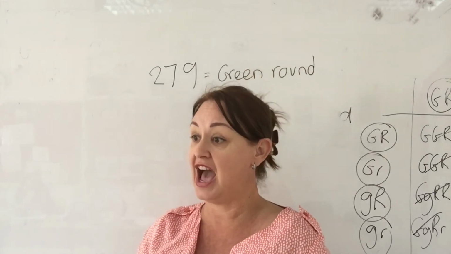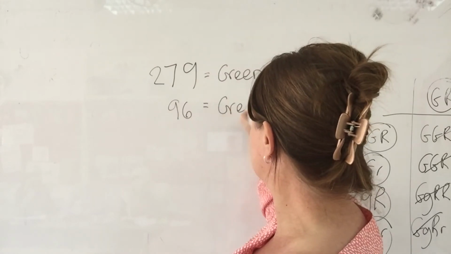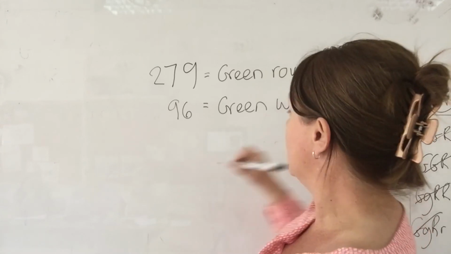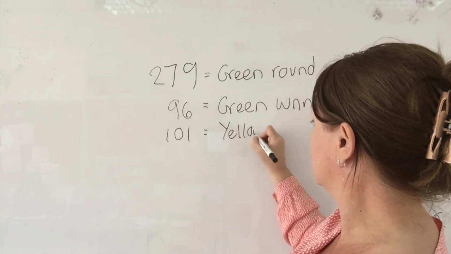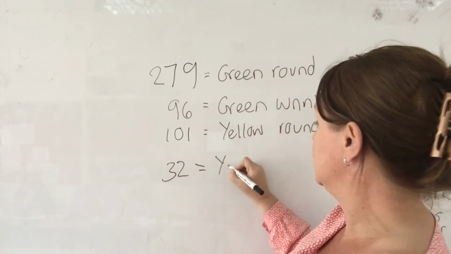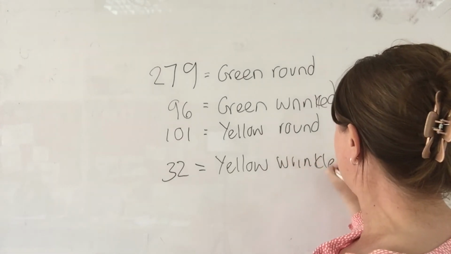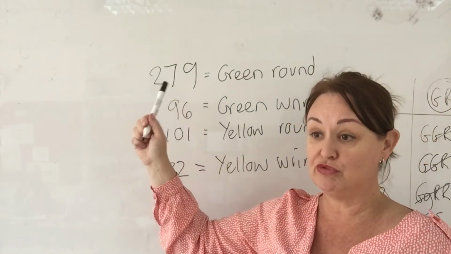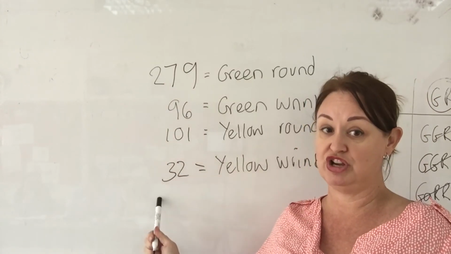They found that 96 of them were green and wrinkled, and they found that 101 of them were yellow and round, and they found that 32 of them were yellow and wrinkled. And what they're expecting you to do is click on that here we've roughly got a 9 to 3 to 3 to 1 ratio.